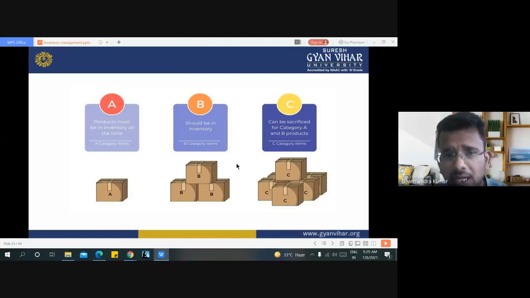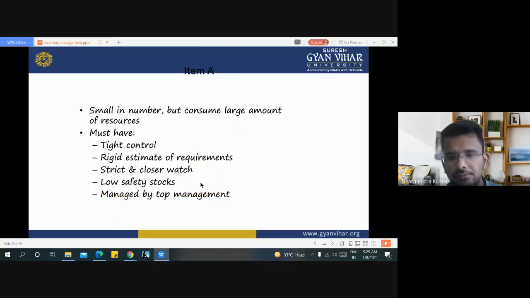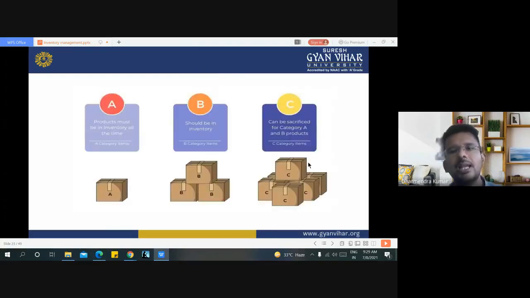In the B category, we use a moderate quantity and moderate inventory cost. But in the C category, we use more volume of space and more number of components, but they consume less value of overall inventory cost.